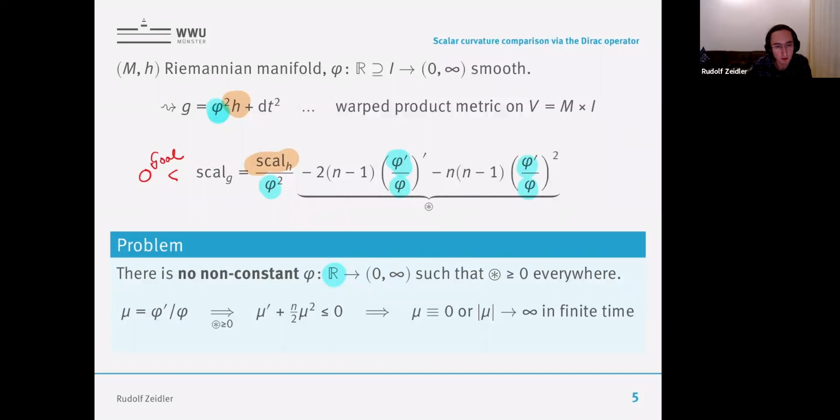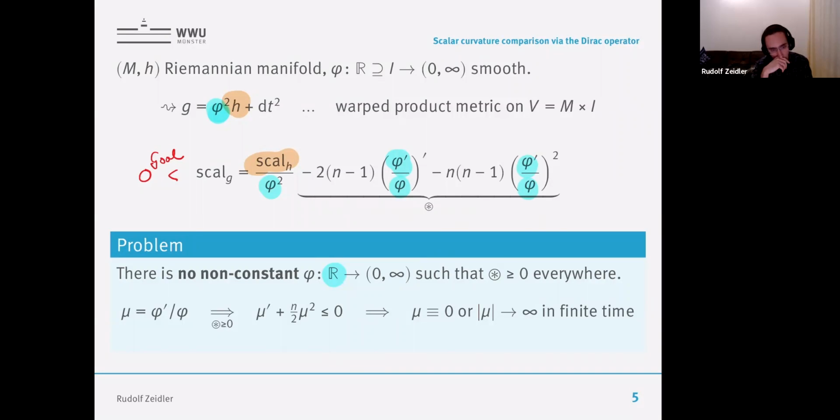You look at this logarithmic derivative here, and if you assume this to be non-negative, you get this differential inequality, and then you can compare that using the solution of the equality situation here, and you will see that if it's non-zero, then it will go to plus or minus infinity in finite time, depending on the sign.